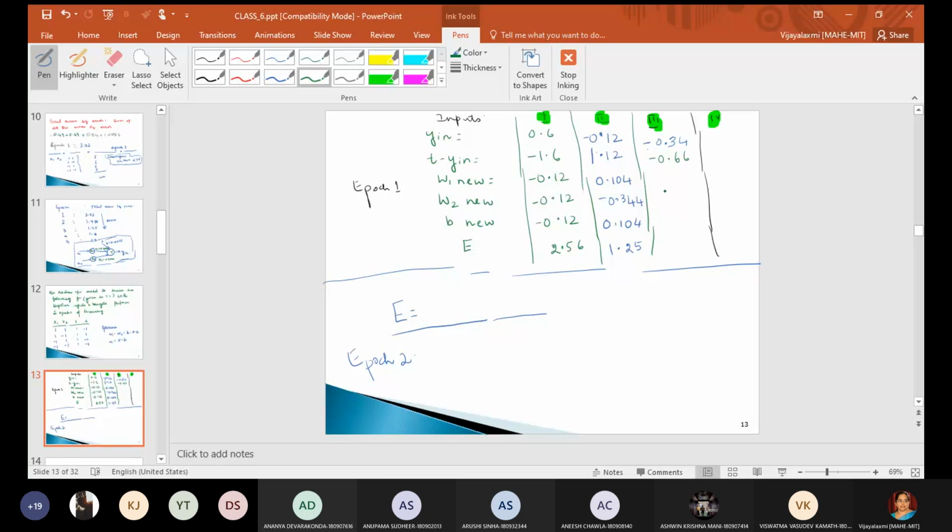So W1 new will be 0.24, W2 new will be 0.48, and E will be 0.43. Not B, this will be 0.43.